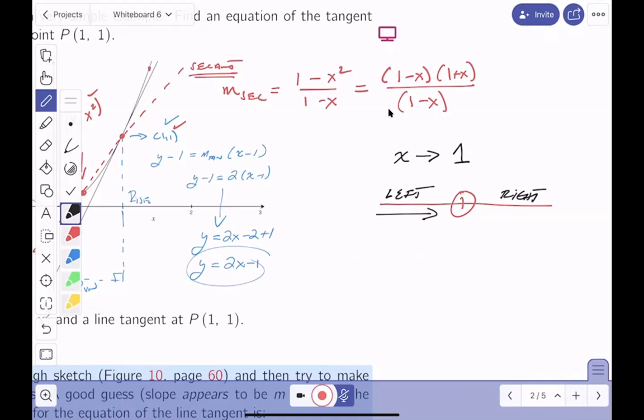Left side, right side, we're approaching the 1. I've got to be honest with you, if you're going to approach 1, you're never going to let x equal 1. And why is that? Well, for 1, you'd have division by 0, and 2, you couldn't compute slope.